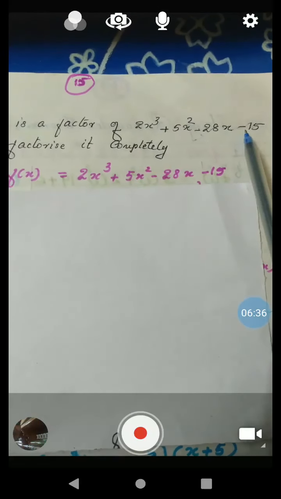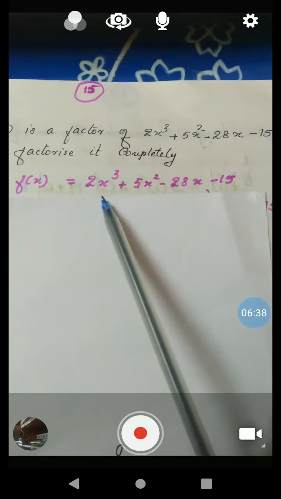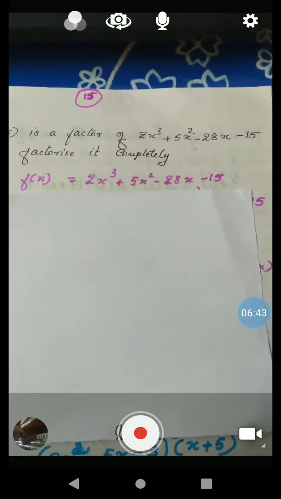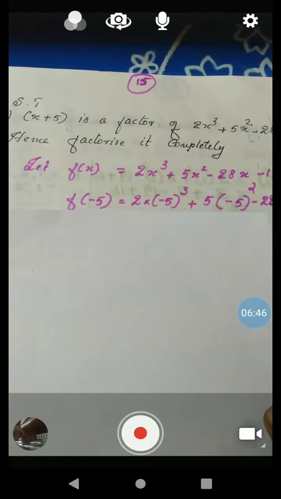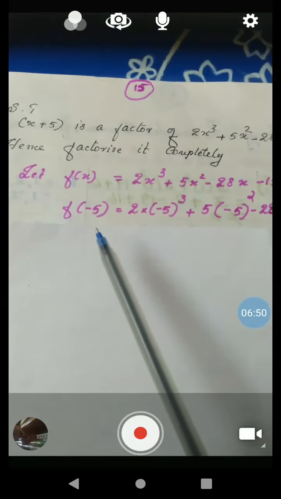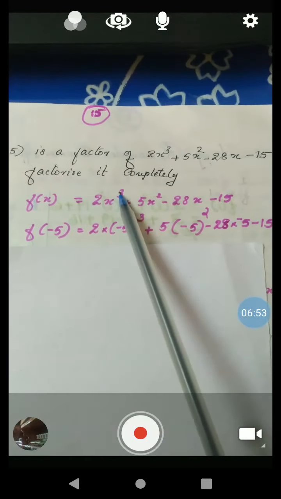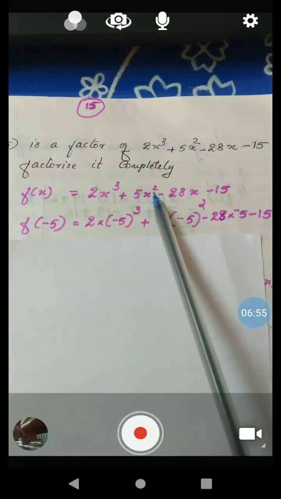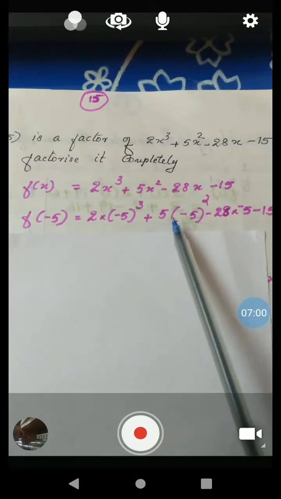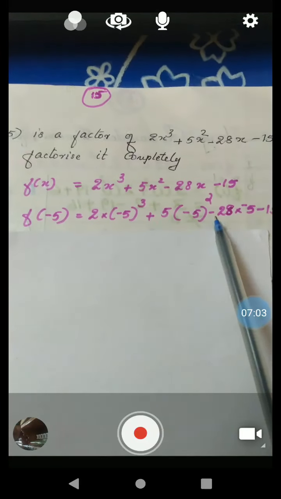So let's start. Let f(x) is equal to the given expression, 2x cube plus 5x square minus 28x minus 15. Now we can find what is f of minus 5. We need to find f of minus 5. f of minus 5 is equal to, instead of x, everywhere you have to substitute minus 5. 2 into minus 5 the whole cube, plus 5 into minus 5 the whole square, minus 28 into minus 5, minus 15.